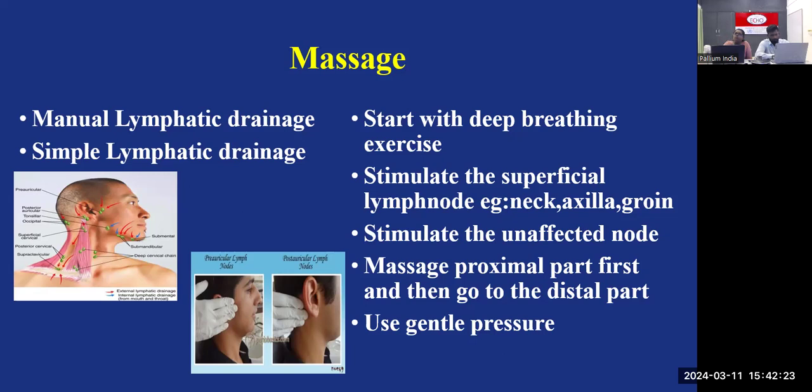After that, you can stimulate the unaffected lymph nodes. For example, if your patient comes with CA left breast, they will definitely remove the left side adjacent lymph nodes also.